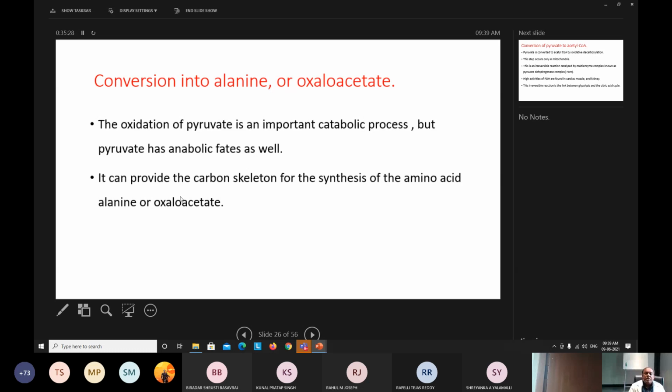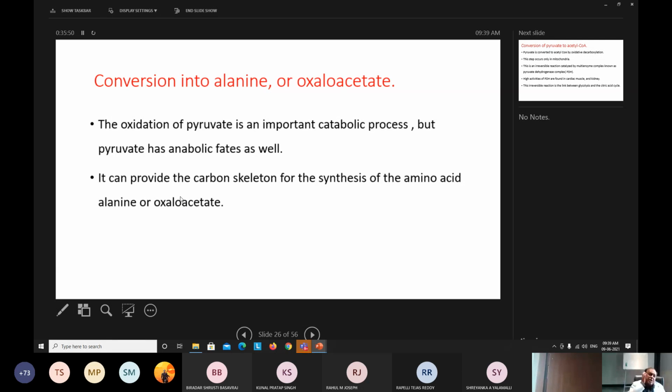It can provide the carbon skeletons for the synthesis of certain amino acids like alanine or oxaloacetate.